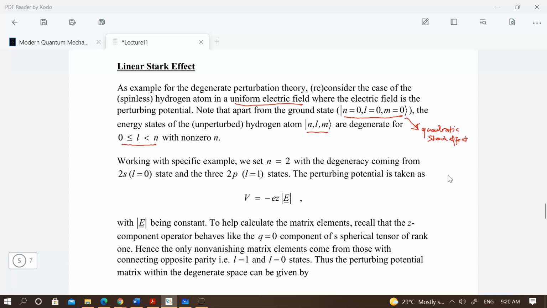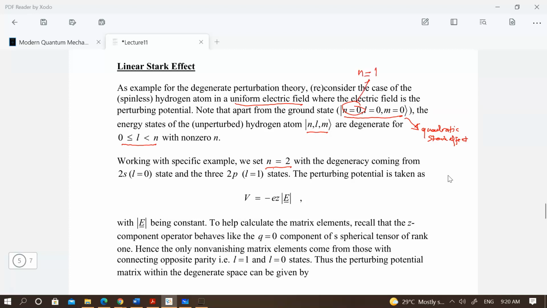Now, having done the formalism for the degenerate perturbation theory, one could try to do this again, and for that we need some simple example to start with. We start with the case of n equals 2. This is actually wrong, sorry, I should redo this. Doing this is actually n equals 1.